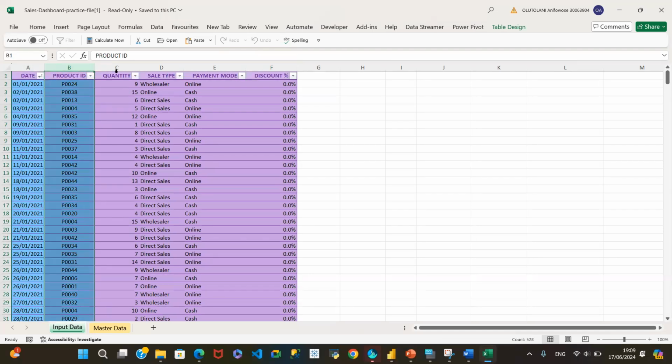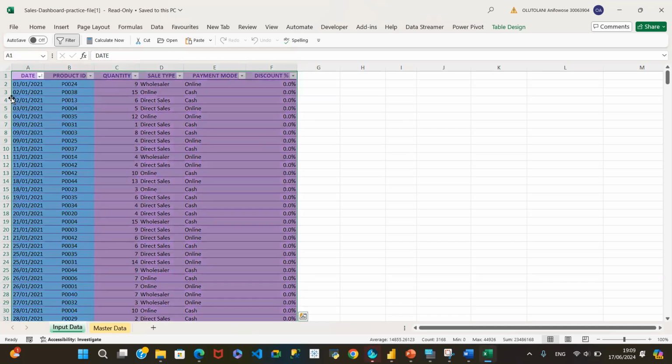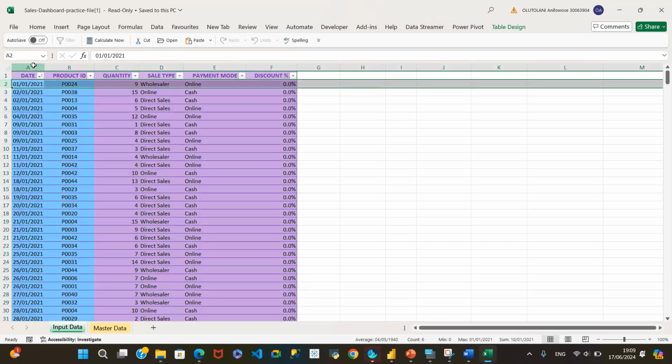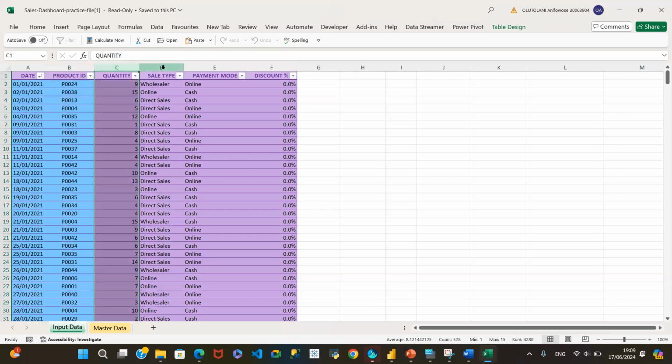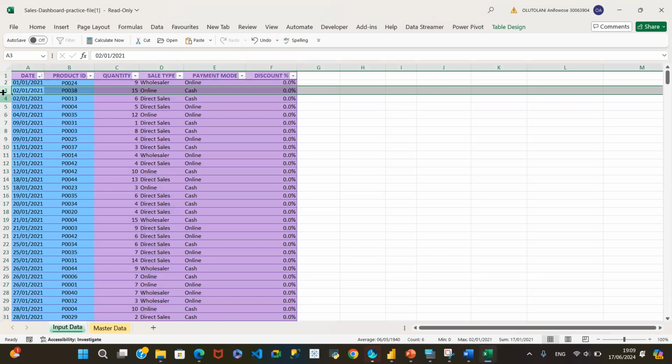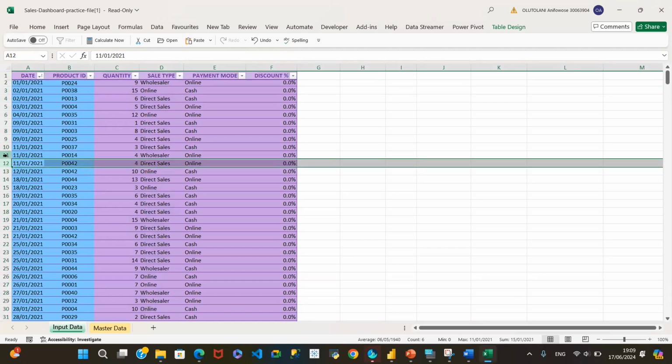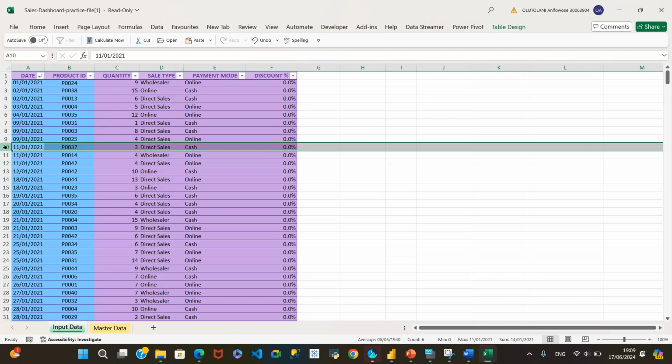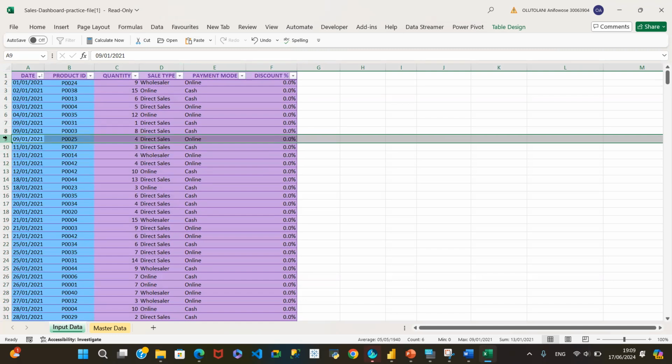Each of these are called columns, A, B, C, D, and so on. And when we talk about row 1, row 2, row 3, and so on, if you are looking at the data from this point, is it horizontal that we'll call this, or vertical?